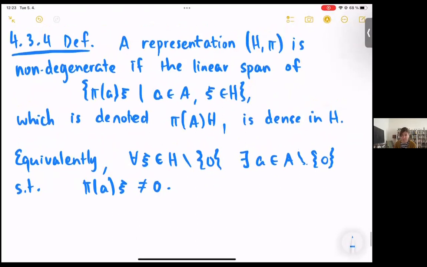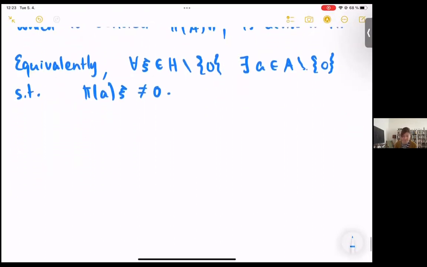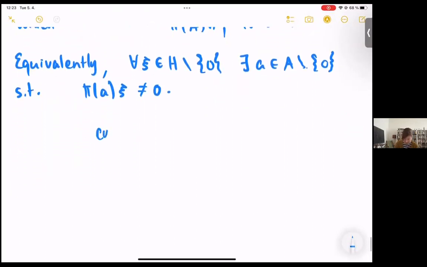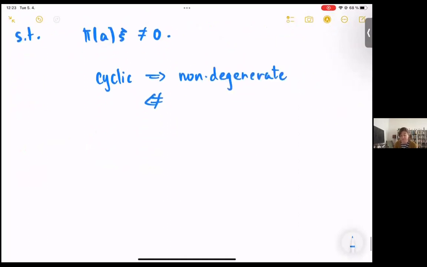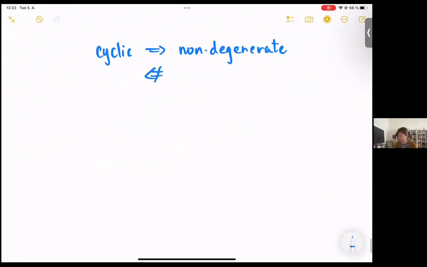Okay, so it's clear that our cyclic representations are going to be non-degenerate, but it's not necessarily the case that everything non-degenerate is cyclic. However, it turns out that anything non-degenerate will be a direct sum of cyclic representations.